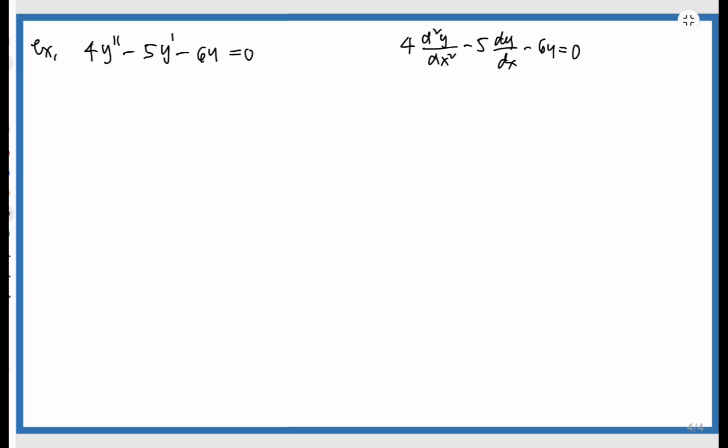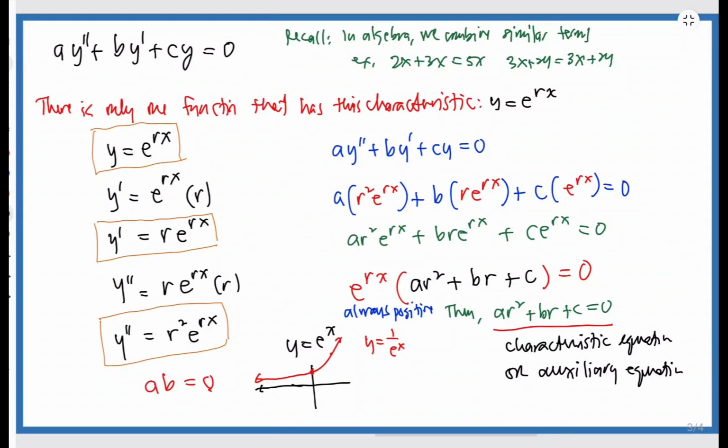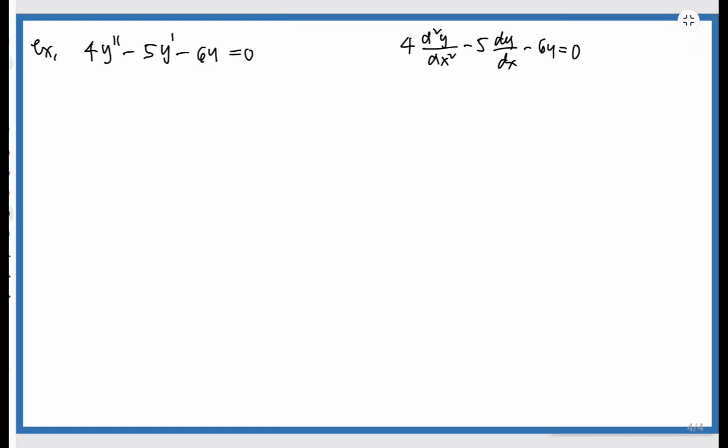So, what do we do first? We are going to solve for the auxiliary equation or the characteristic equation. What is that? It's just ar squared plus br plus c. So, what is a? 4. What is b? Negative 5. What is c? Negative 6.